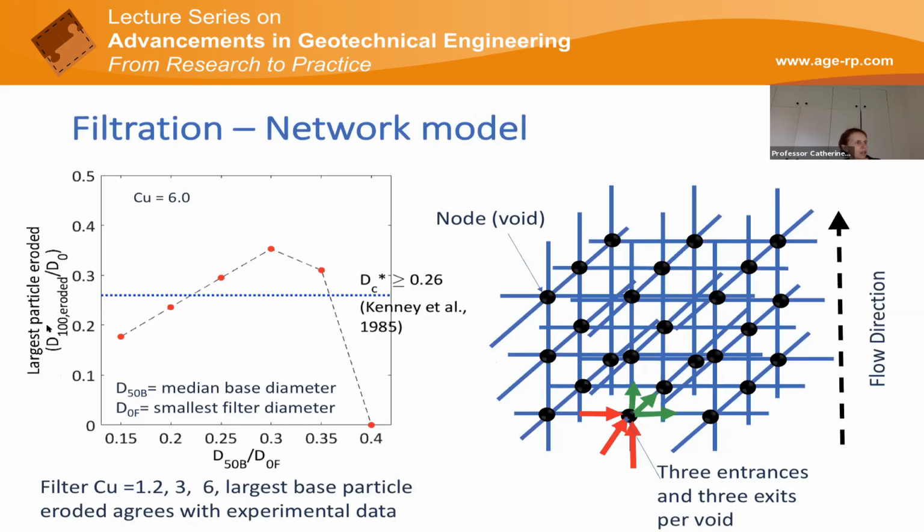And then if we look at the largest particle eroded versus the median diameter of the base, we could look at how it varied with the ratio of D50 of the base and D0 of the filter, and we can see there's a variation. But in general, we're going around this controlling constriction diameter that Kenny found for a CU of 6 back in his experimental work.